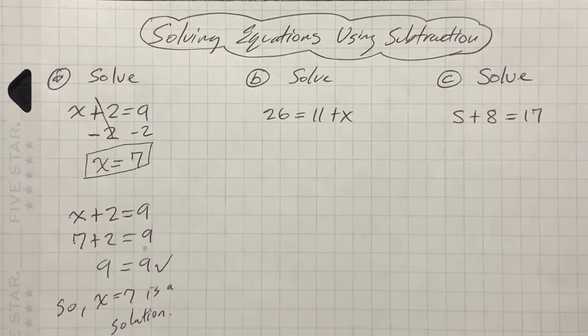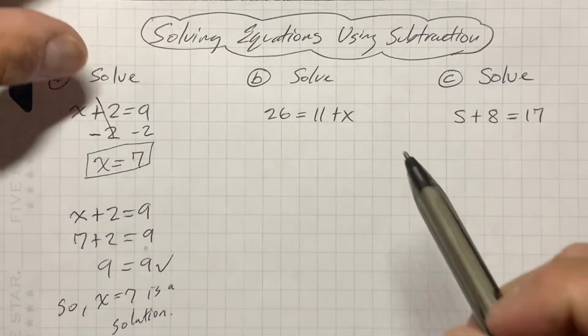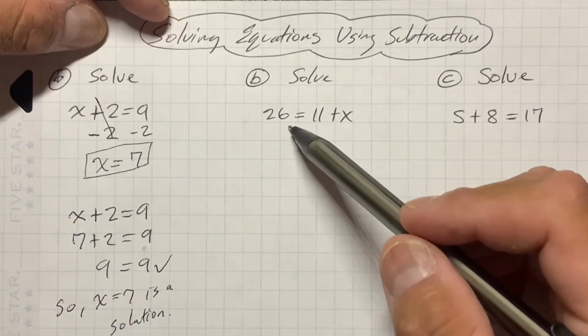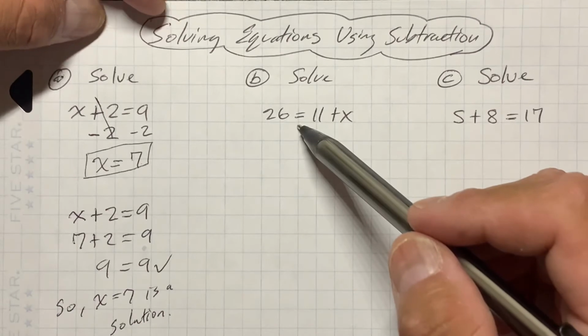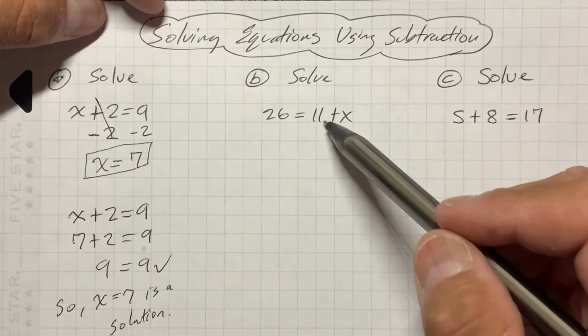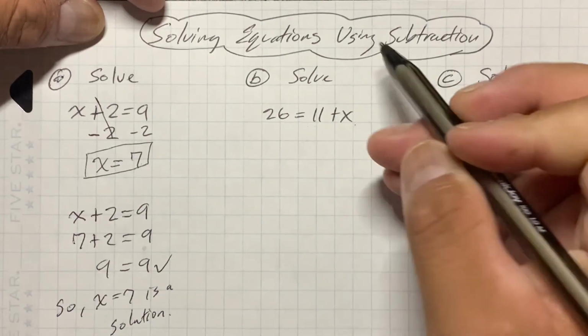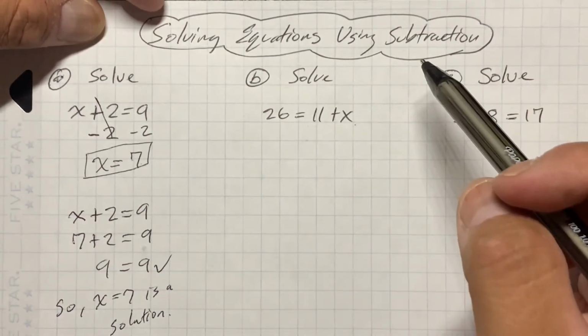For b, we're going to solve now. This time the algebraic equation tells us that 26 is equivalent to 11 plus x. For this one, again, we're going to be solving equations using subtraction.